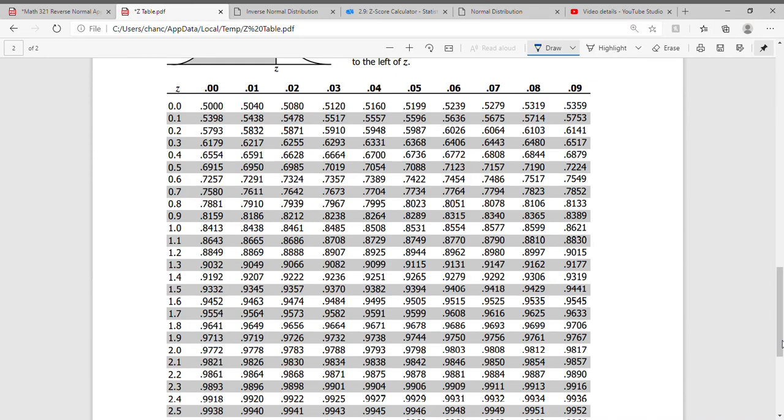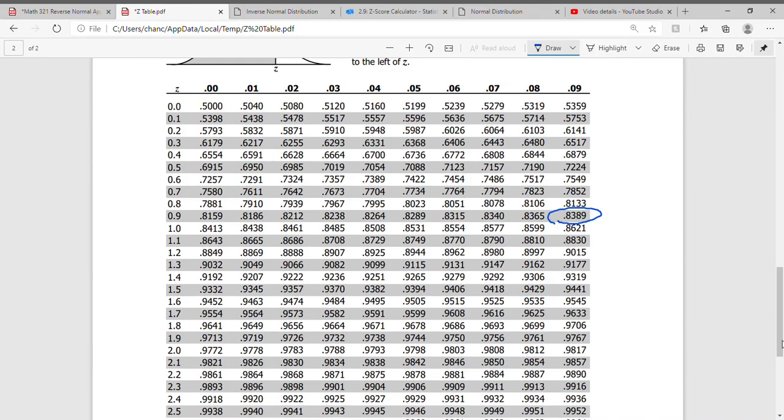The closest one to 0.84 is 0.8389, and the Z that we're going to use is 0.99. So that's the Z score that gives us the area to the right of 0.16, or the area to the left closest to 0.84.